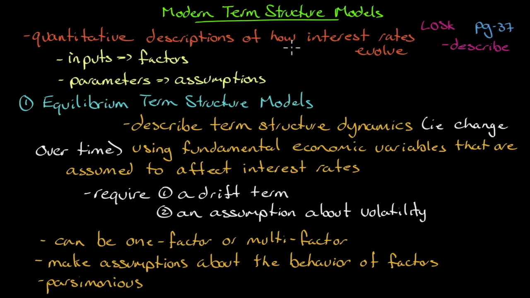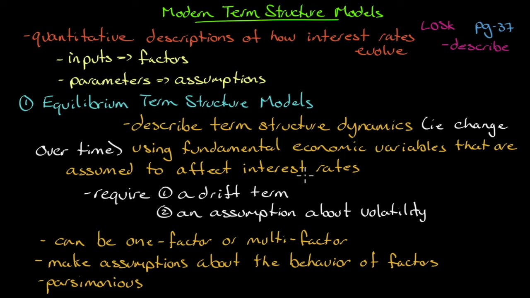So there we go. So equilibrium term structure models, what do they do? They describe term structure dynamics. So we're looking to describe change over time. That's bringing the word dynamics. We're not looking to explain a shape. We're looking to explain the evolution of the shape over time, using fundamental economic variables that are assumed to affect interest rates.